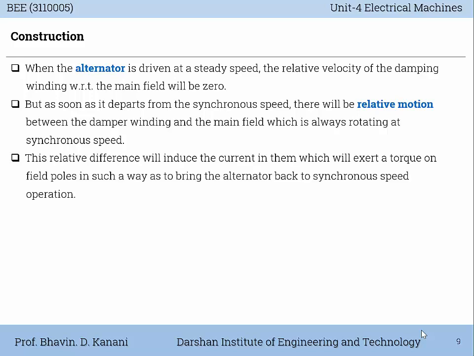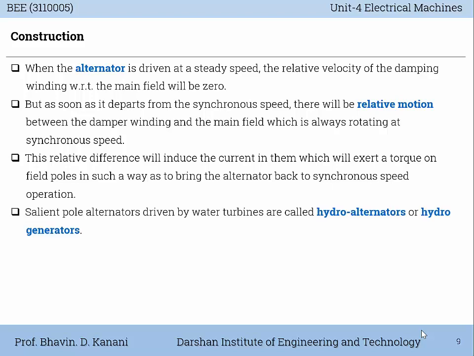This relative difference will induce the current in them, which will exert a torque on field poles in such a way as to bring the alternator back to synchronous speed operation. Salient pole alternators driven by water turbines are called hydro alternators or hydro generators.